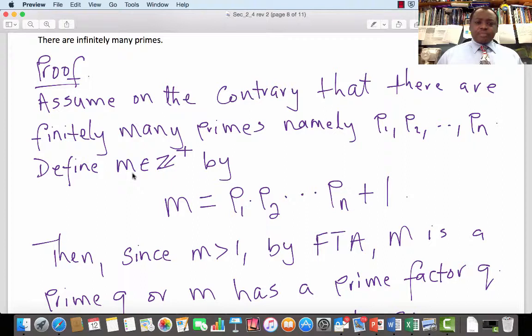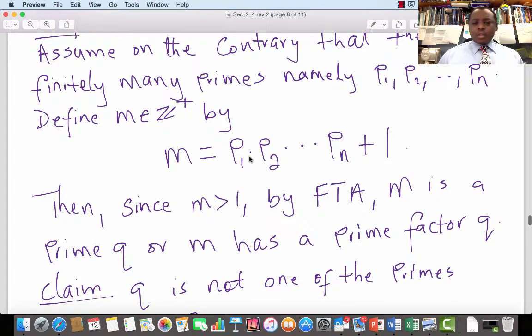Now, define the positive integer m by m equals the product of all the existing primes plus 1. Then, of course, m is strictly greater than 1 because all the primes are positive and we add 1 to it, and definitely that is greater than 1.